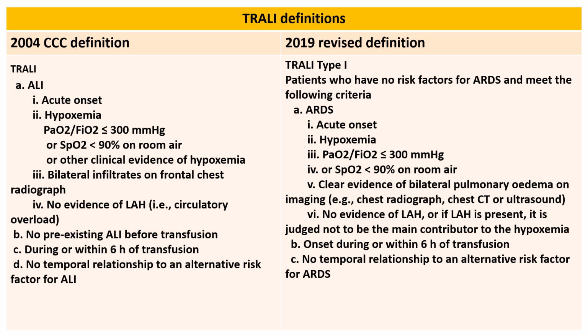But according to the revised definition, they have classified TRALI into TRALI type 1 and TRALI type 2. Type 1 includes patients who have no risk factor for ARDS and meet the following criteria: acute onset hypoxemia, SpO2 less than 90% on room air, partial pressure of oxygen less than or equal to 300 mmHg, and clear evidence of bilateral pulmonary edema on imaging, and no evidence of LAH, or if LAH is present, it is judged not to be the main contributor to the hypoxemia.